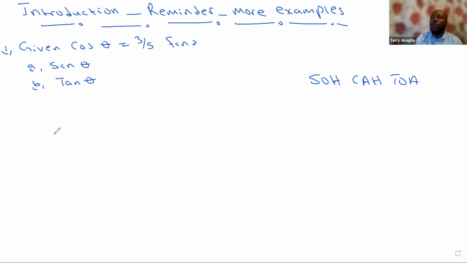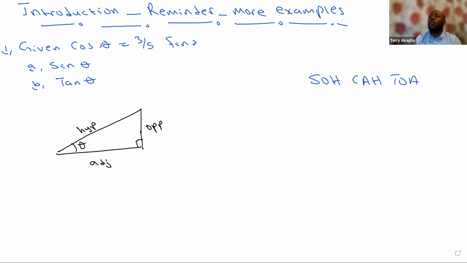For a right angle triangle, let's get a right angle triangle up here. If this is the angle we're looking at, theta, this is the opposite. This is the hypotenuse. And therefore this is going to be the adjacent.